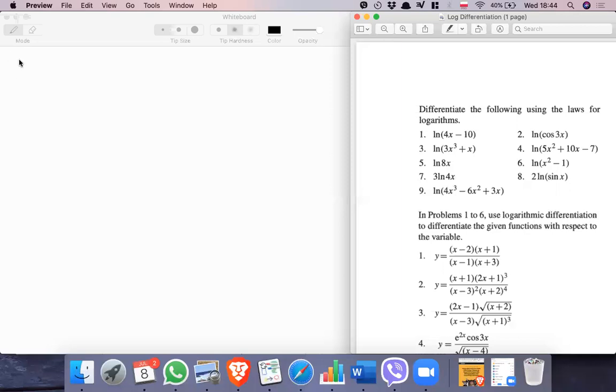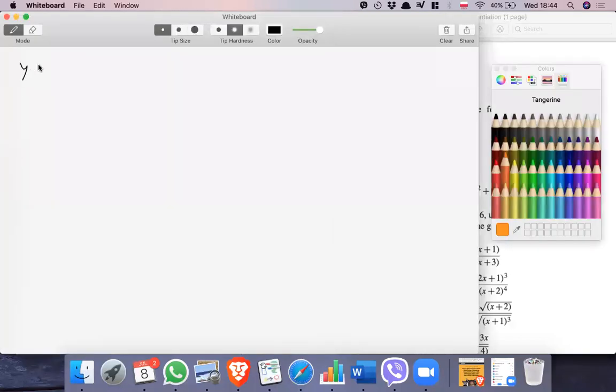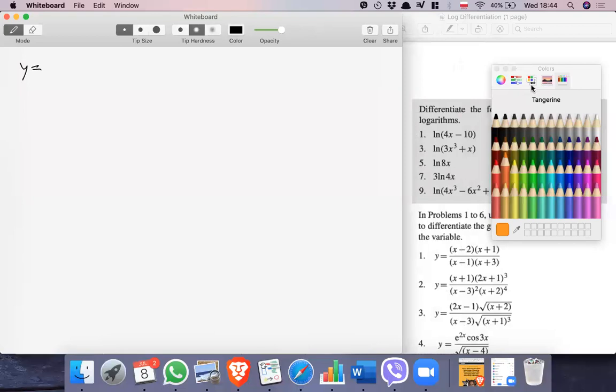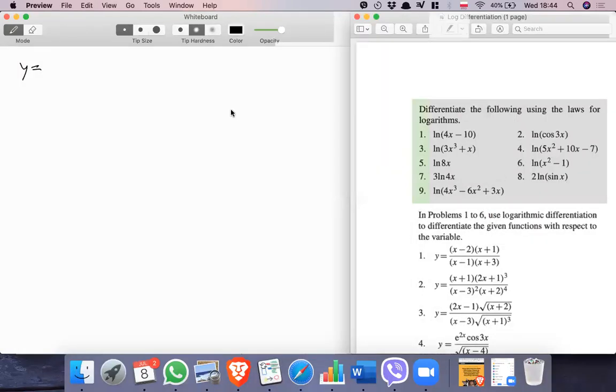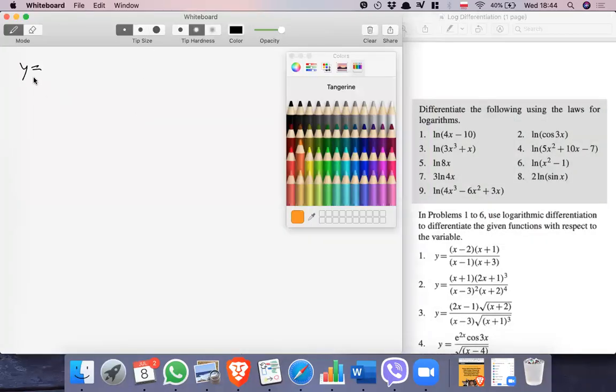So number 1, y is equal to ln of 4x minus 10. That's all well and good. Now I need to find dy dx, and that's d over dx of ln of 4x minus 10.